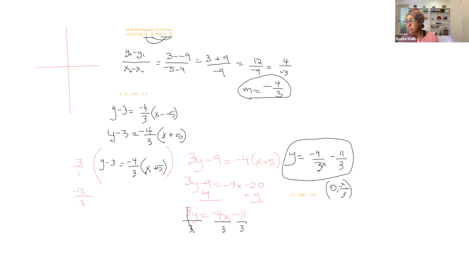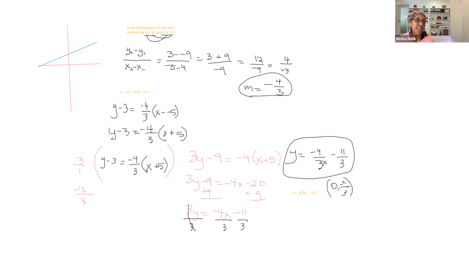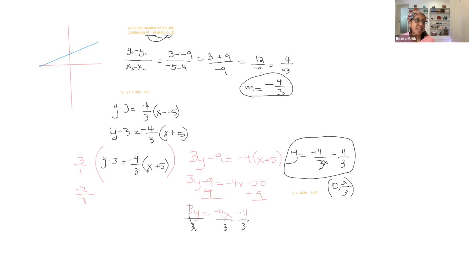Okay. Let's see. If I have the same exact slope, say it's 4 or 2, one line has this slope and another line has the same exact slope, then these lines are parallel to each other.